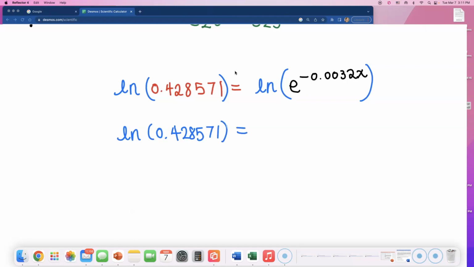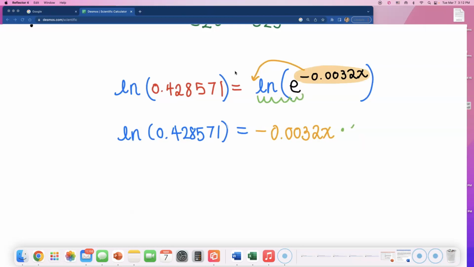And what will happen is this exponent comes straight down to the front and we get negative 0.0032x. And you see the leftover natural log of e, that's just 1.